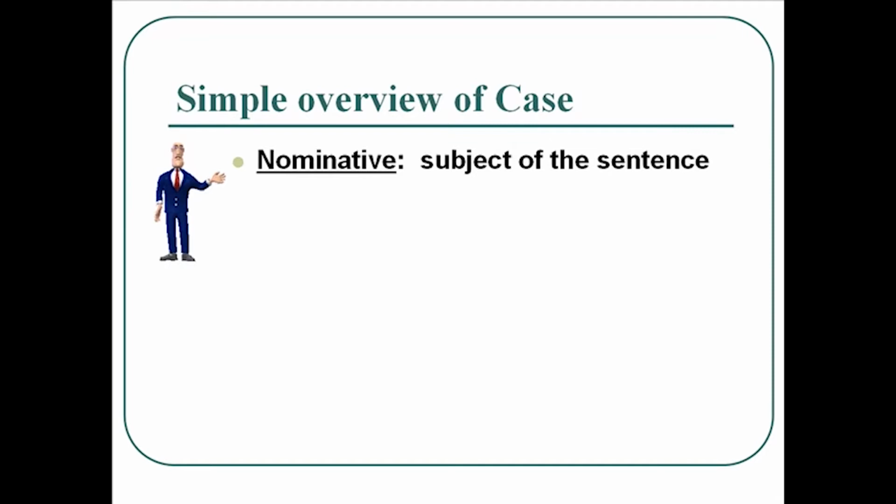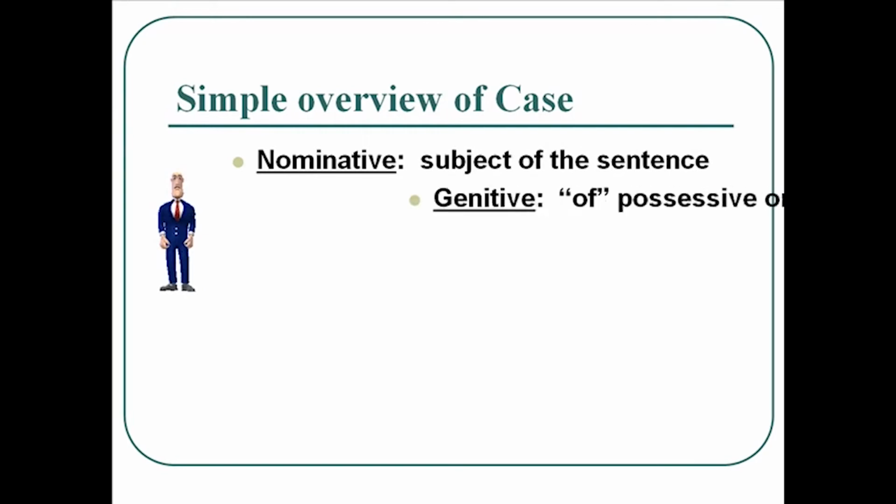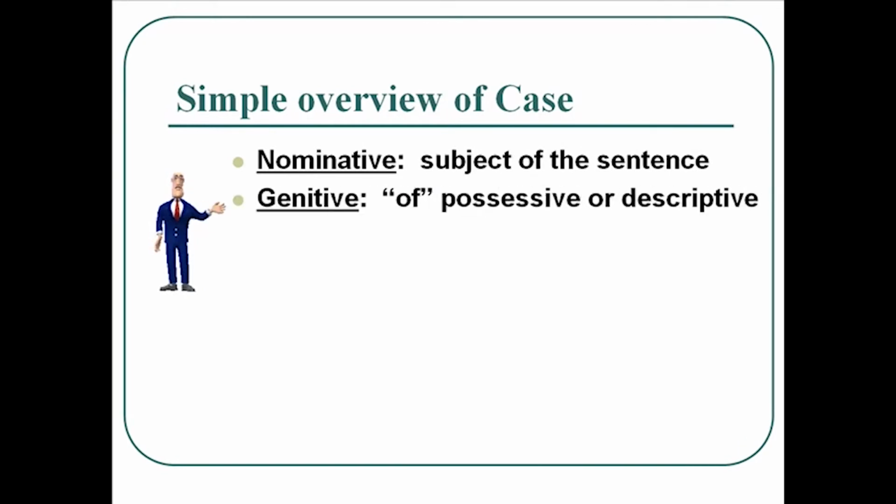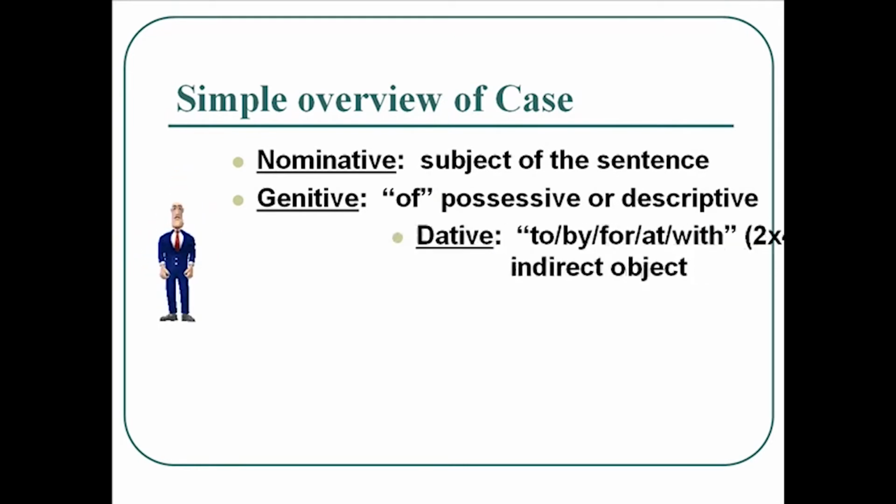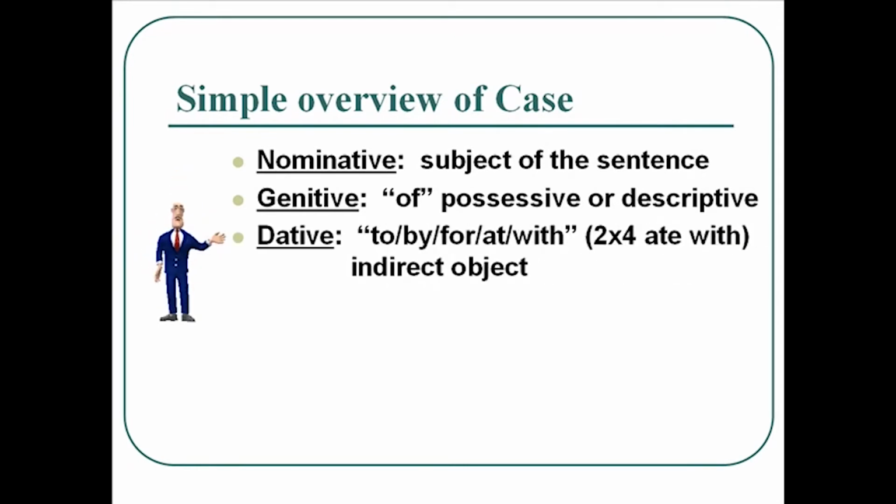The nominative is generally taken as the subject of the sentence. The genitive, usually translated by the key word of, refers to possession or description. The dative is translated to, by, for, at, with, and is generally taken as the indirect object.